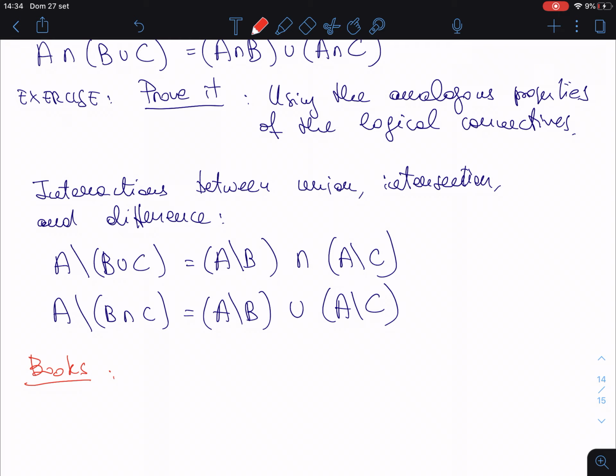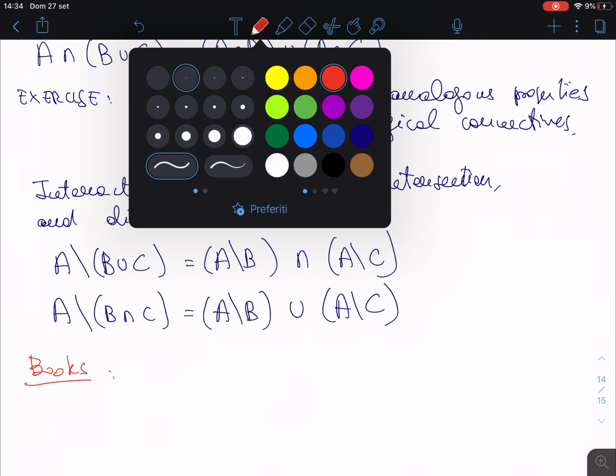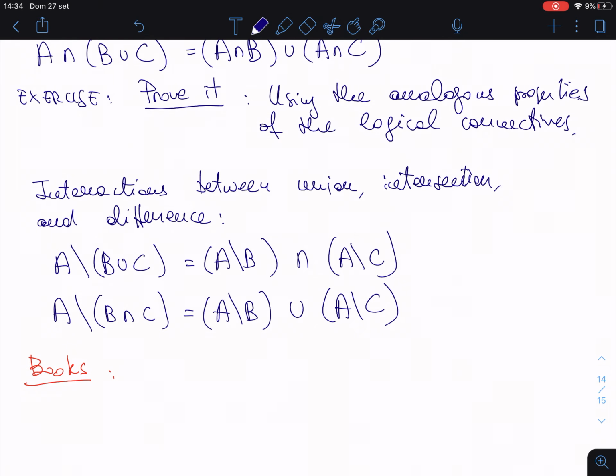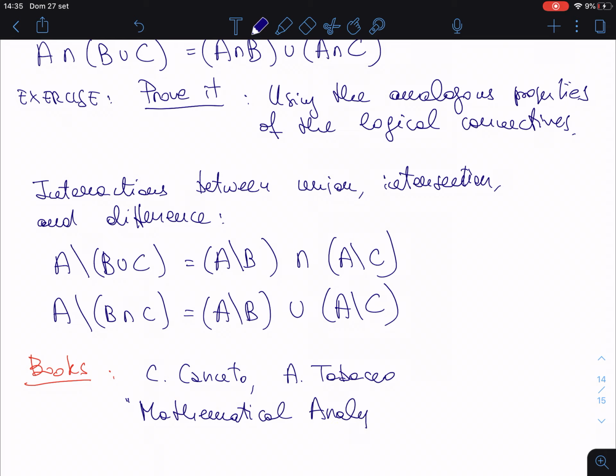There is one book that has been written expressly for this course, the book by Claudio Canuto and Anita Tabacco, who is a teacher of this course in another channel in Italian, and it is Mathematical Analysis 1. This course really fits your needs, because it is written for you.